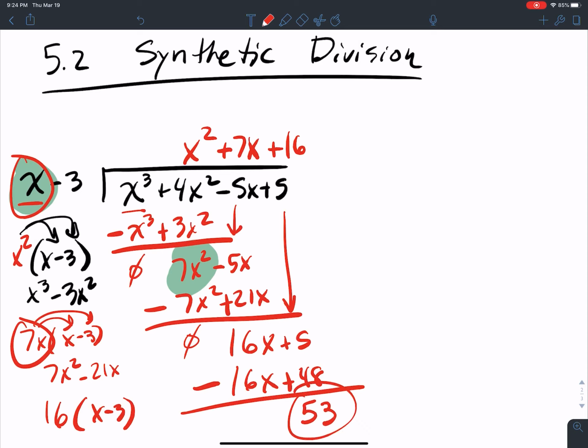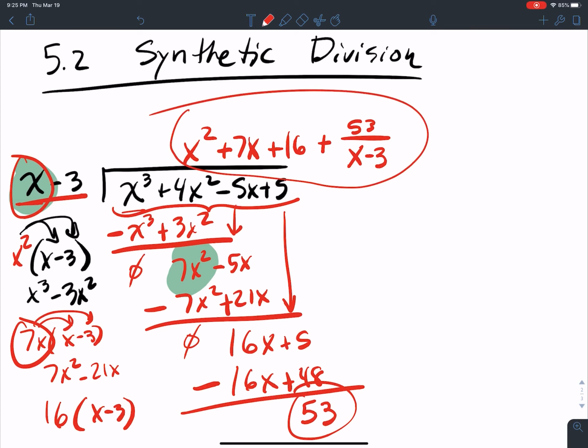So my remainder is 53, so we know right off the bat that x minus 3 is not a factor of this polynomial because it didn't give us a 0. We'll talk about that in a little bit. But if I have a remainder 53, how do I handle this part of the solution? I put a plus, and then it's positive 53, so I put 53 over what I divided by, x minus 3. That would be my answer right there.